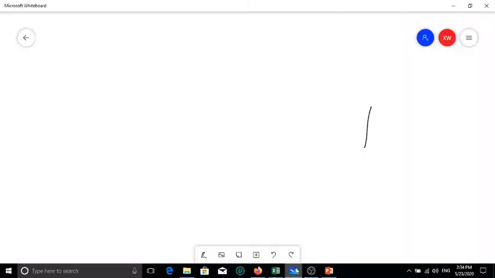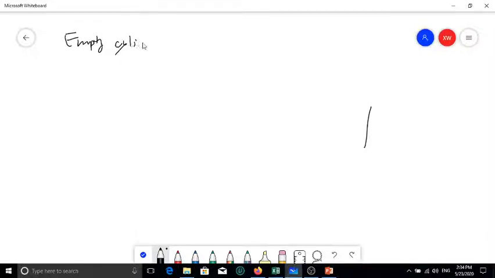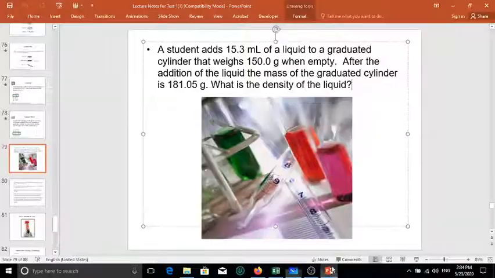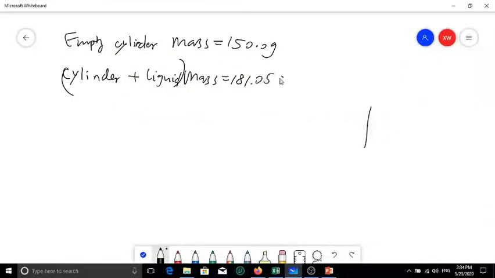All right, so the question tells you that the empty cylinder mass is 150 grams. Now, from now on, you know that you can't ignore those zeros, as they are significant in this case. Now, the cylinder plus liquid mass is 181.05 grams.